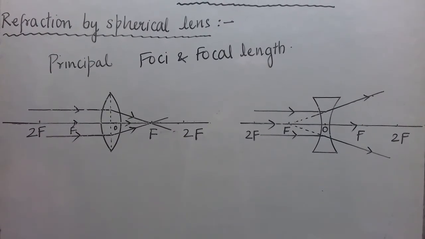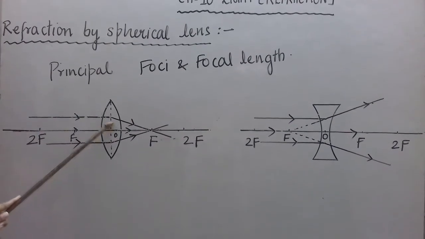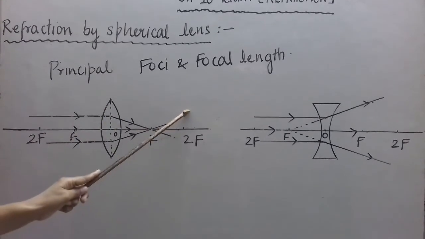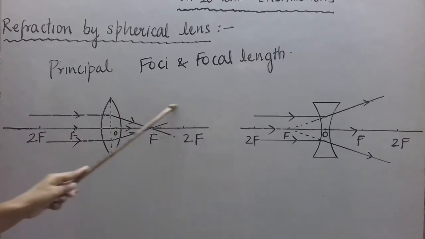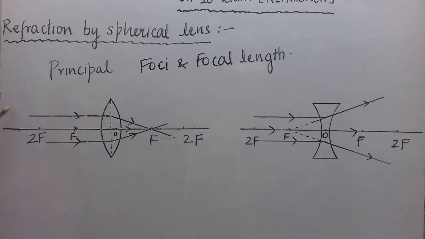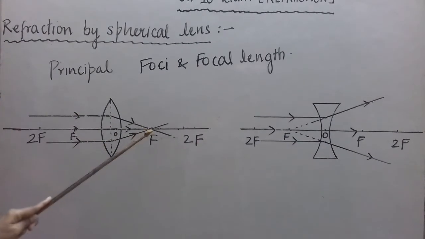Similarly here, if I keep this lens in front of the sun, and I place a piece of paper on the other side, I move the paper away or towards it and try to get the image of the sun's rays. The image of the sun will be formed on the paper.